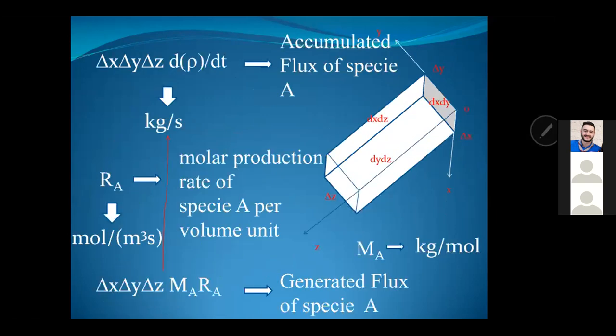The accumulated flux of species A comes from the control volume and density. Also, we find the generated flux of species A from the molar production rate RA. To get the mass production rate, I need to multiply the molar rate by the molar mass MA.